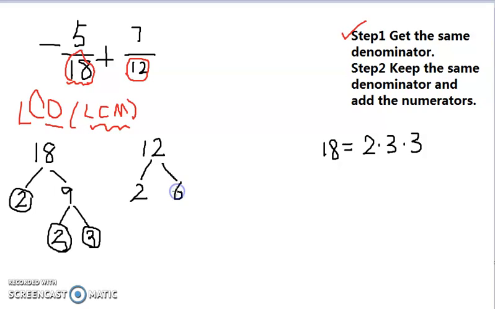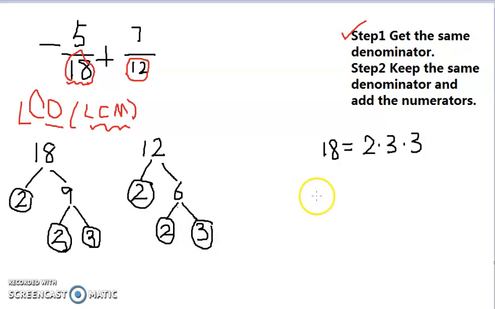But if you don't know which prime number you should start with, you can always start with the smallest, that's 2. We see 2 goes into 12 6 times, but 6 is not prime. So let's continue to break down 6 as 2 times 3. Now all of these numbers are prime.